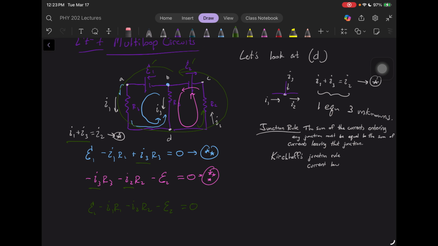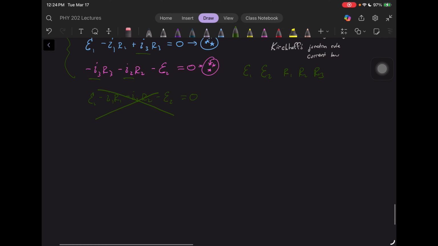Or if maybe we were given a current and we're missing some E's and R's. It always works out to be you have the same amount of equations as unknowns. So in this one, we would have to be given E1, E2, R1, R2, R3. And then we can use these three equations here, because this one's kind of redundant. We have 3 equations, 3 unknowns. Cool. And so let's hop into resistors in parallel.